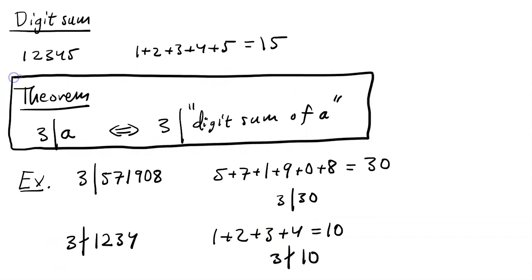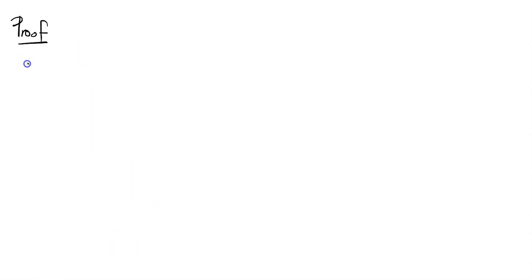We can prove this using modular arithmetic. Let a be an integer with digits a_n, and so on, a2, a1, a0. These are the digits of the number. For example, if you only have 3 digits, it looks like this, but in general we have n plus 1 digits.